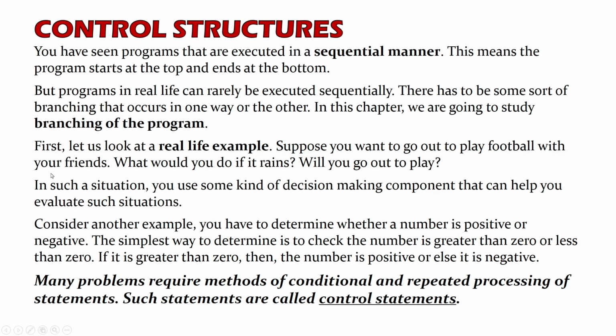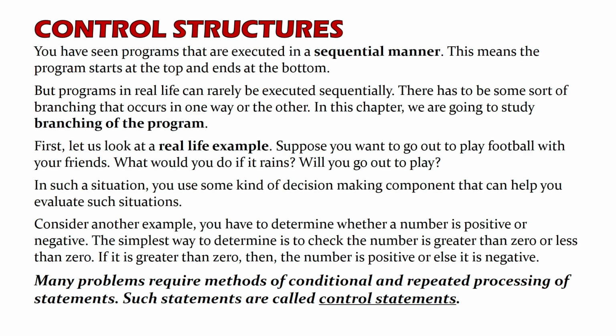First, let us look at a real life example. Say, suppose you want to go out to play football with your friends. What would you do if it rains? Will you go out to play? No. So, in such a situation, you use some kind of decision making component that can help you evaluate such situations.